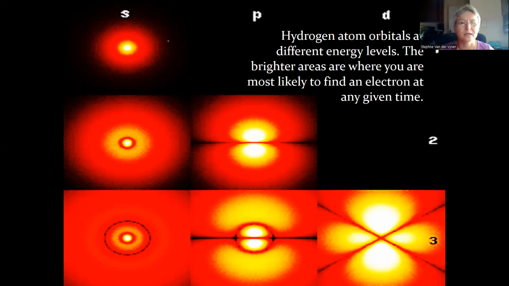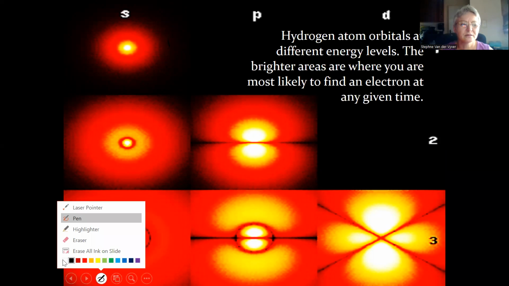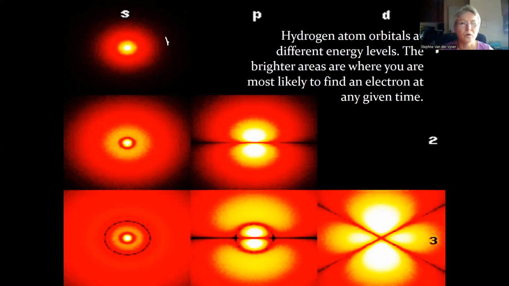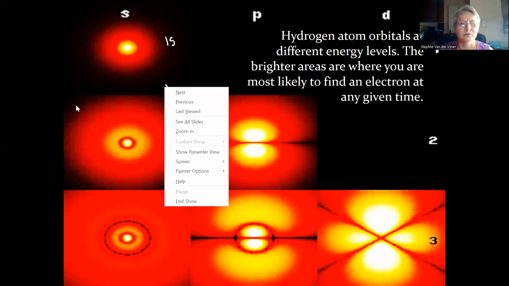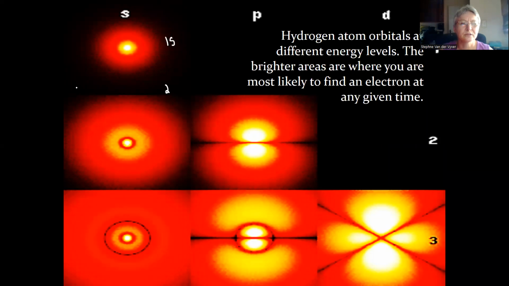This would be the 1s orbital. So this would represent the 1s orbital. This would represent the 2s orbital, and the 1s orbital is there in the middle, and this would represent the 3s orbital.